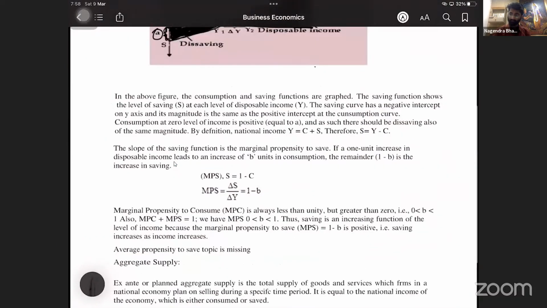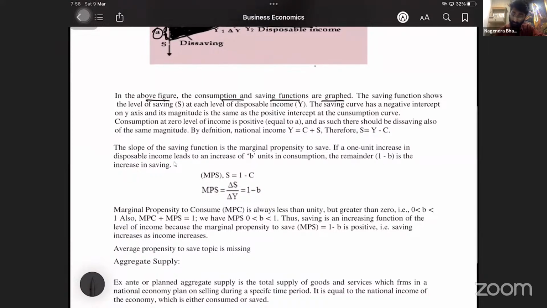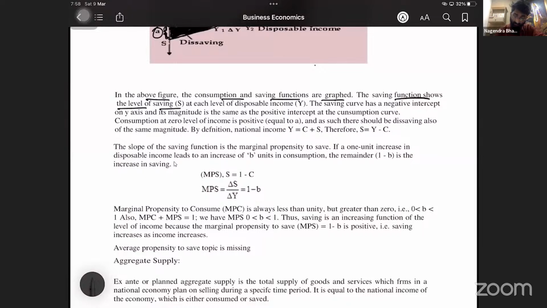Listen here. What is given here? In the above figure, the consumption and savings functions are graphed. The saving function shows the level of savings S at each level of disposable income. The savings curve has a negative intercept on the y-axis and its magnitude is the same as the positive intercept of the consumption curve.